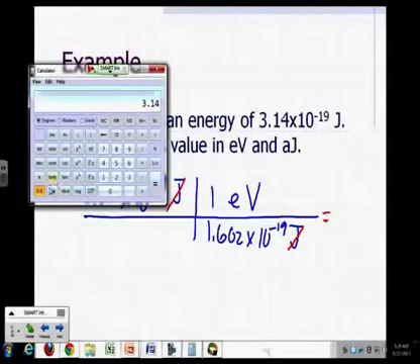3.14 times 10 to the negative 19 divided by 1.602 times 10 to the negative 19. Oops. Entered the wrong number, huh? 1.602 times 10 to the negative 19.